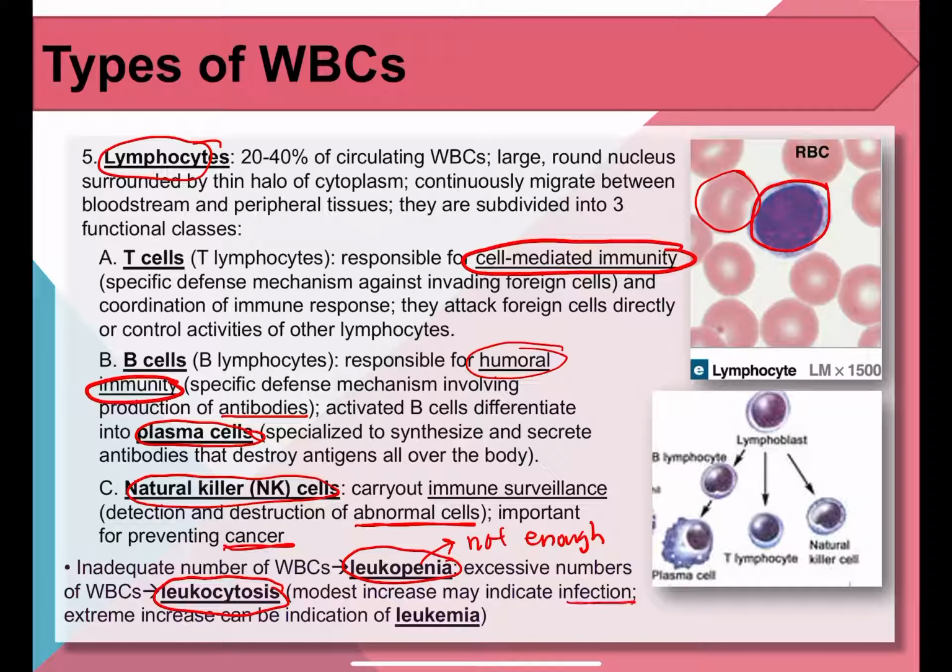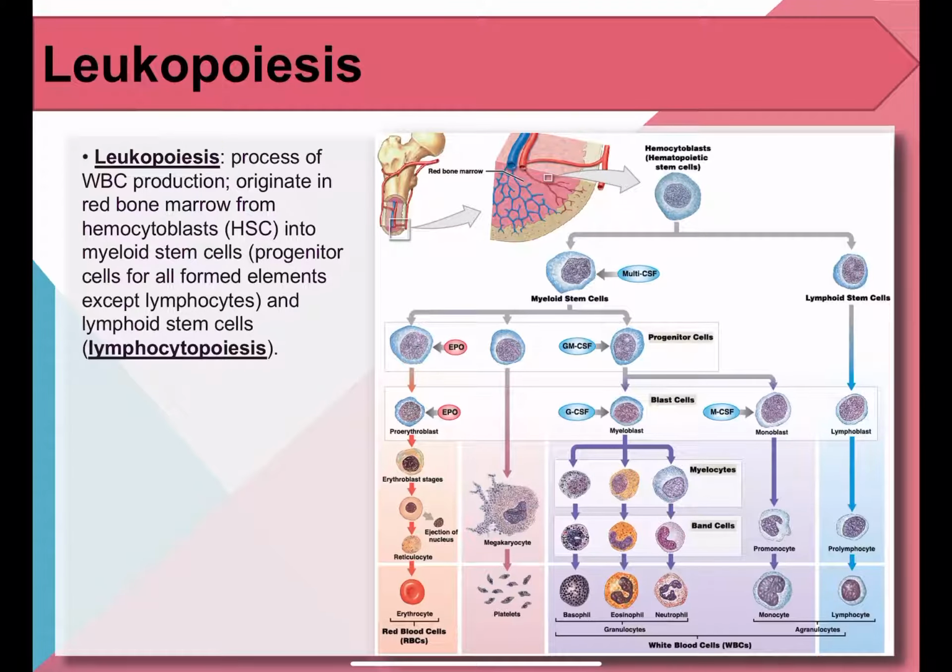But too much, extremely large amounts of white blood cells, can be an indication of leukemia, which is cancer of the blood, where they're making a huge amount of white blood cells because the stem cells that make the white blood cells have become cancerous themselves. All right.